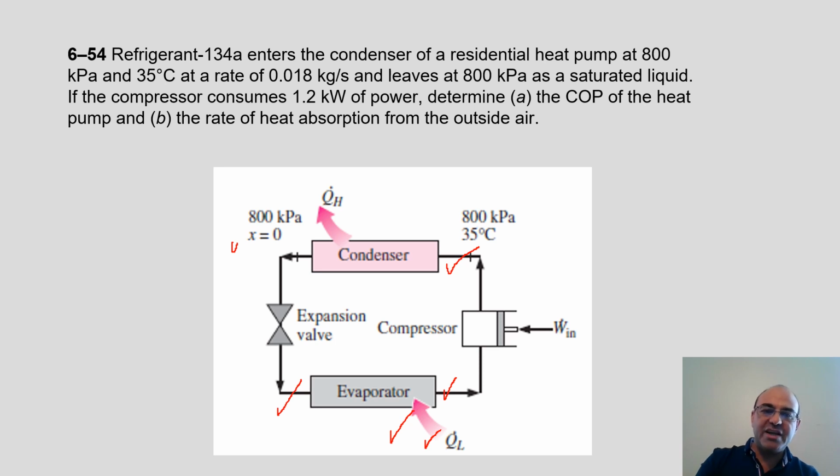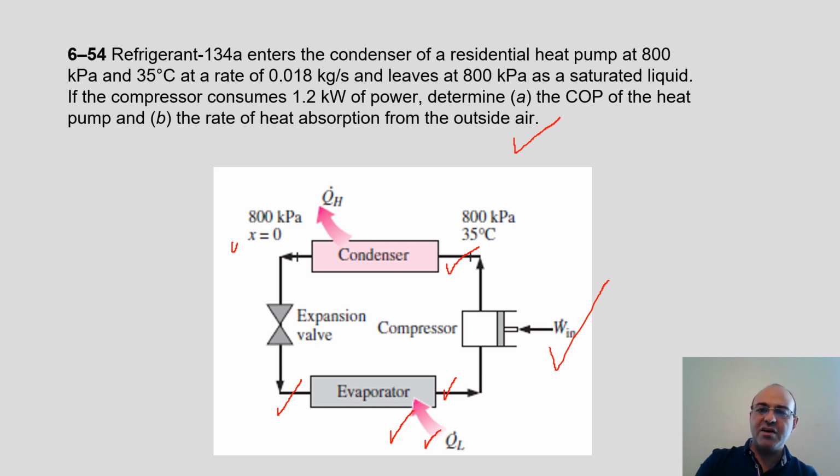So the mass flow rate is given, and the pressure at the exit of the condenser is given. If the compressor consumes 1.2 kilowatts of power, so we do have W dot in. Determine the COP of the heat pump and the rate of heat absorption from the outside air.